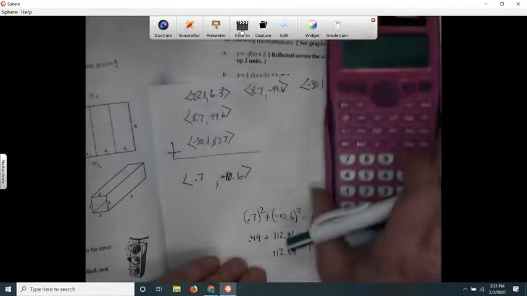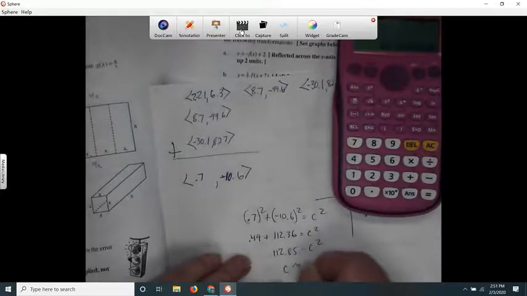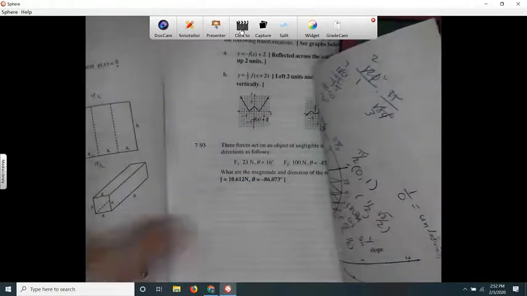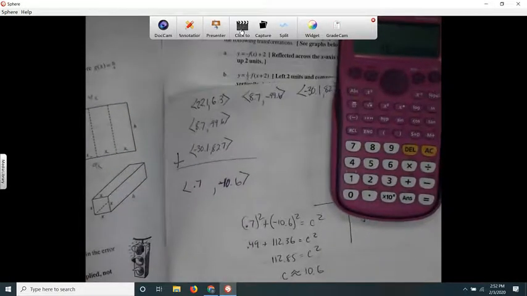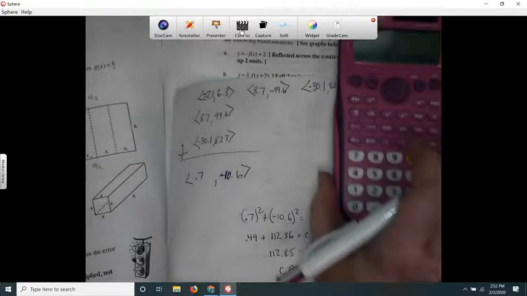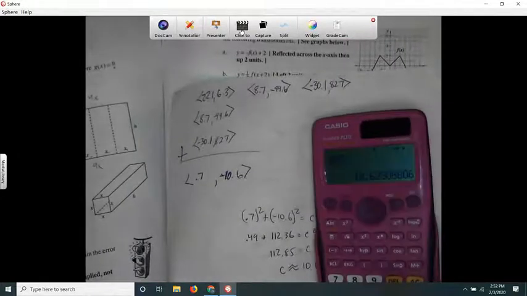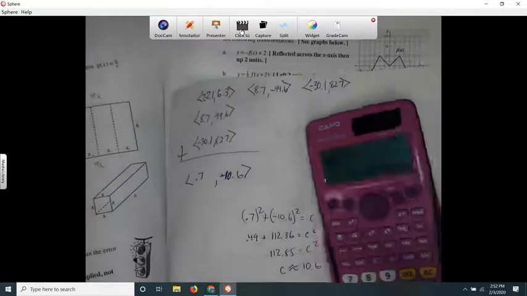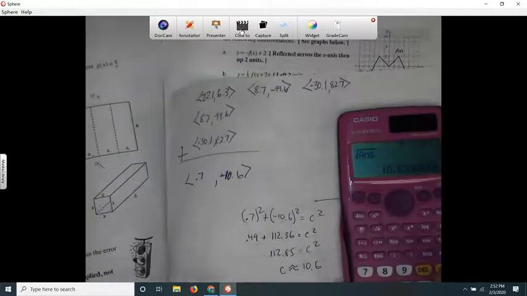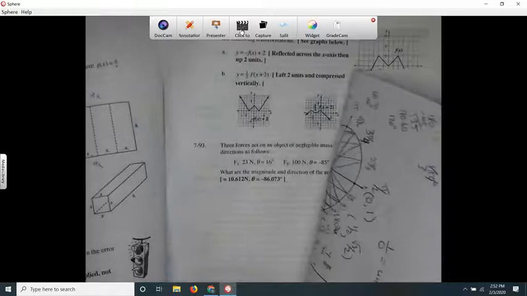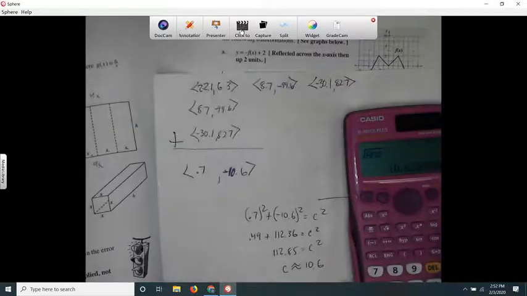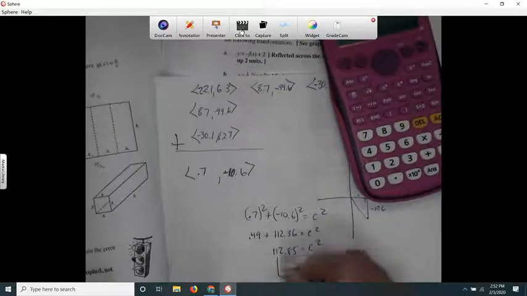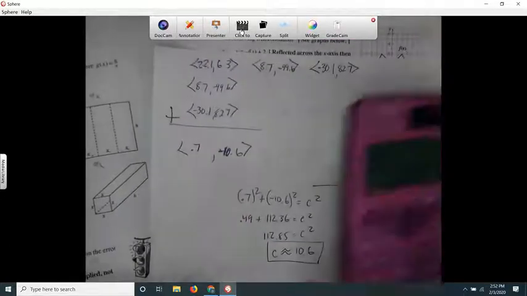And I got about 10.6. Please be right. Yes, and that's what they got. I did a lot of rounding that maybe I shouldn't have, just one decimal point. So I got 10.623. They got 10.612, but I think we did it right. So that gives me the magnitude, and then I'm just going to get my direction real quick.